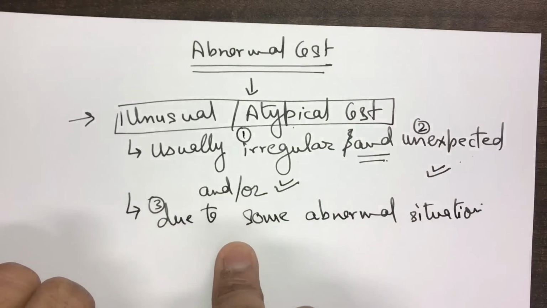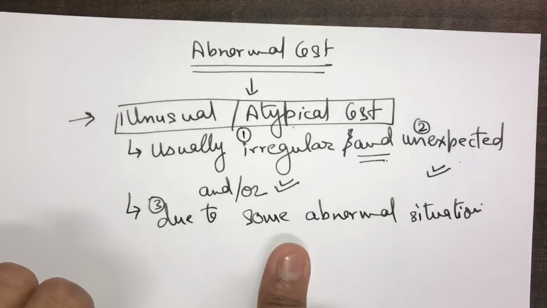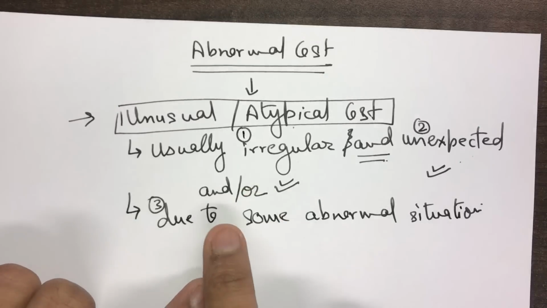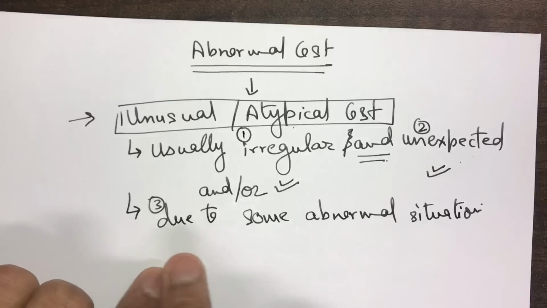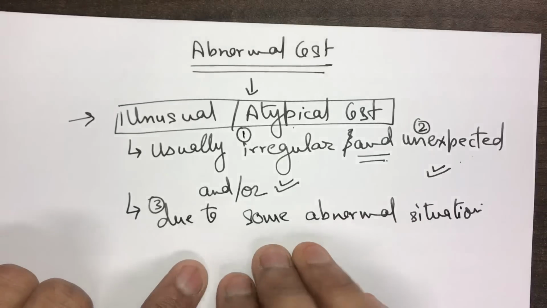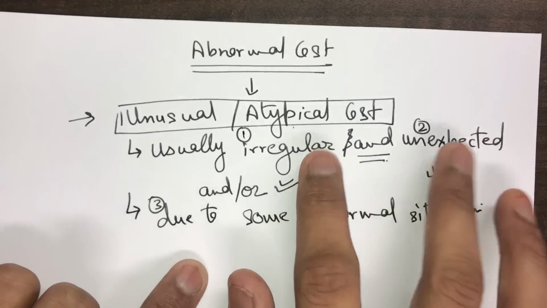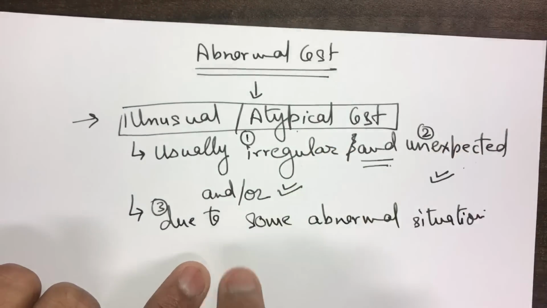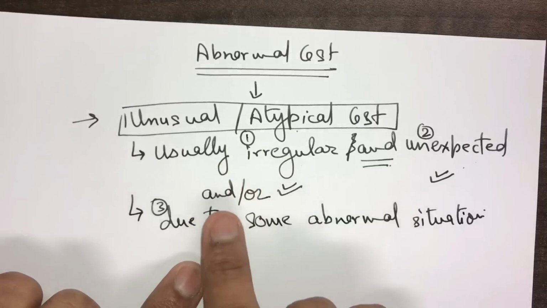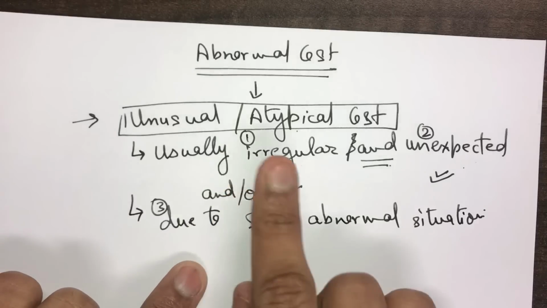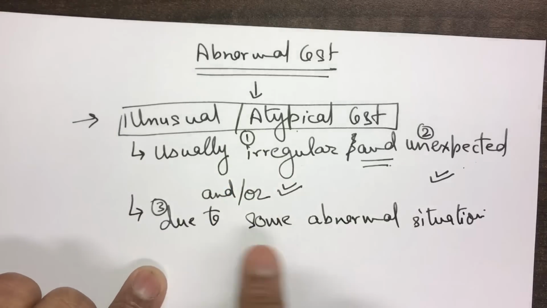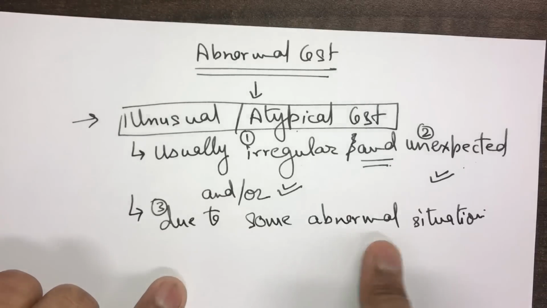The third condition may or may not be satisfied conjunctively due to some abnormal situation. This provision may be there or may not be there. So first two conditions are mandatorily required to be satisfied, and for the third condition the words used are and or, hence the third condition is an optional condition. You may fall into the third condition or you may not.